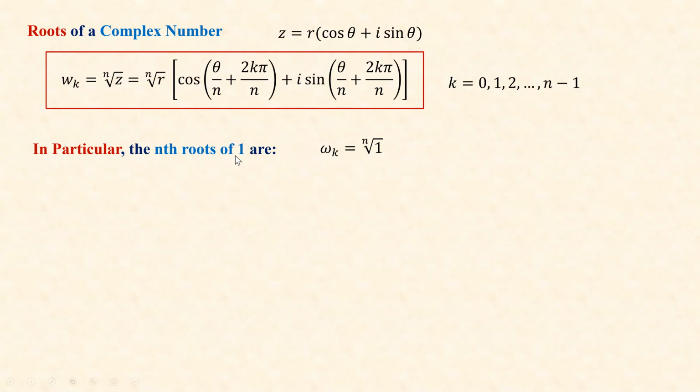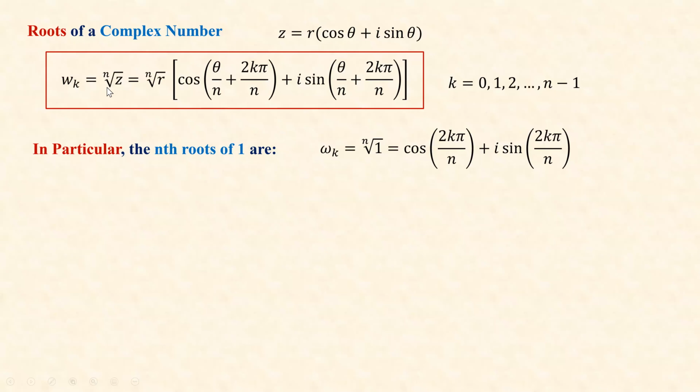And then in particular, the nth root of 1 is very important and interesting. If omega k is the nth root of 1, then we have cosine of 2k pi divided by n plus i sine of 2k pi over n.